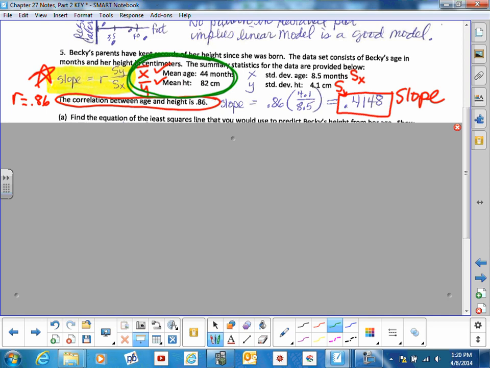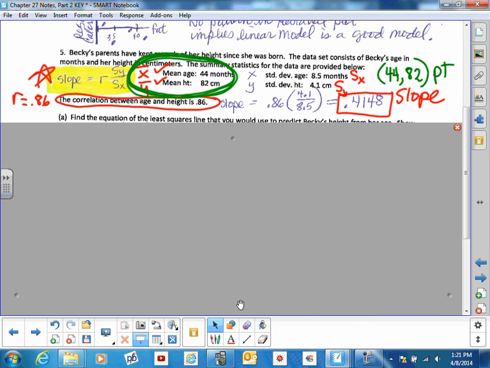The mean of x and the mean of y is always a point on the regression line. So therefore, what I have is the slope and a point, which is 44, 82. This is a point on the line.